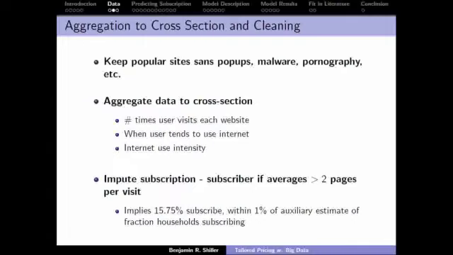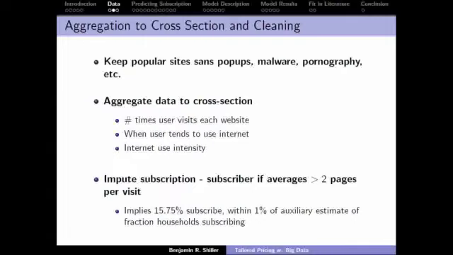And then the third thing I did to the data is I imputed whether or not someone was a Netflix subscriber. For some people in the data, they purchased it during the year on the computer that was monitored. And so for these individuals, I observed exactly which tier of Netflix they purchased. For the remaining users, I did not observe them buying it, so I had to impute whether they're a Netflix subscriber. Now, I assume many of you have subscribed to Netflix. If you do, you have to update your queue every so often, or you don't have any more movies sent to you.